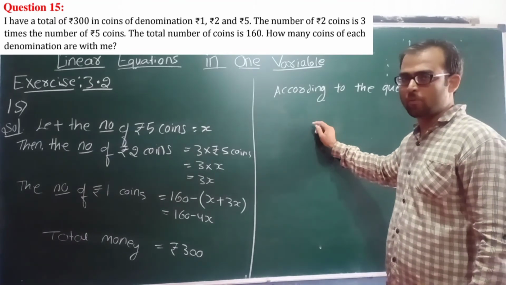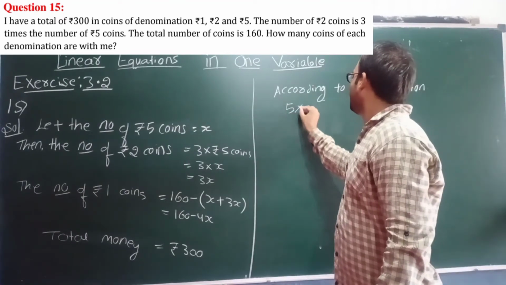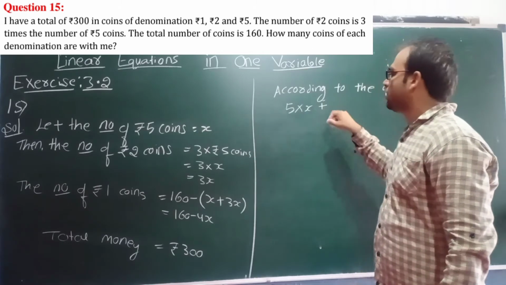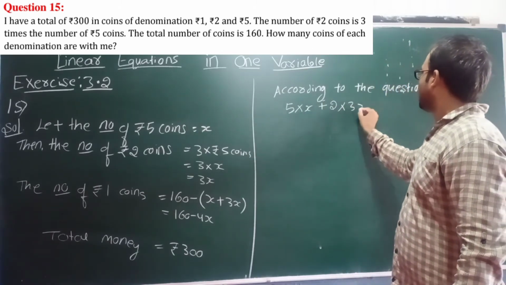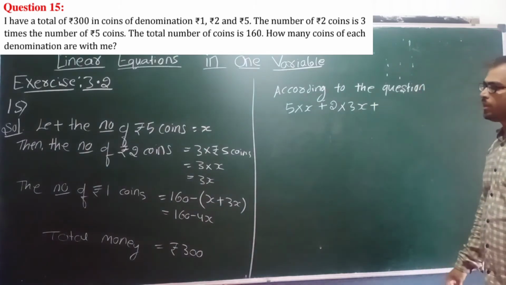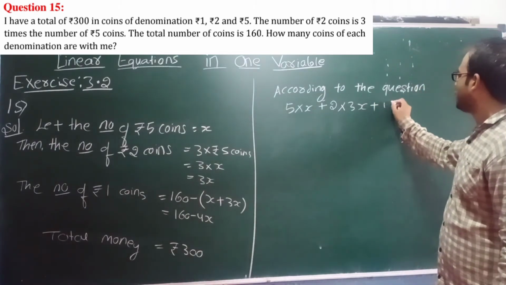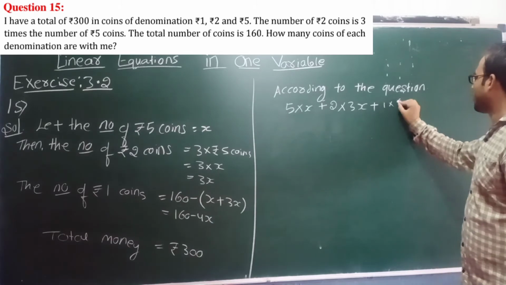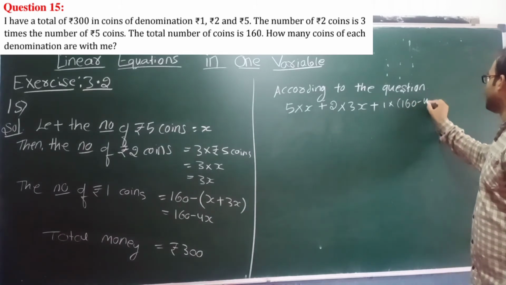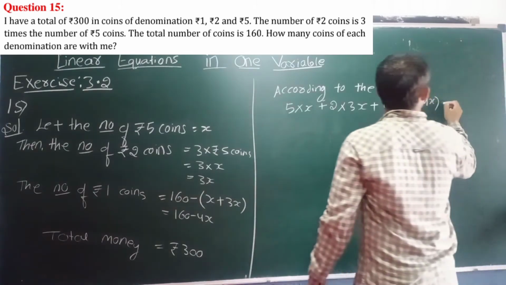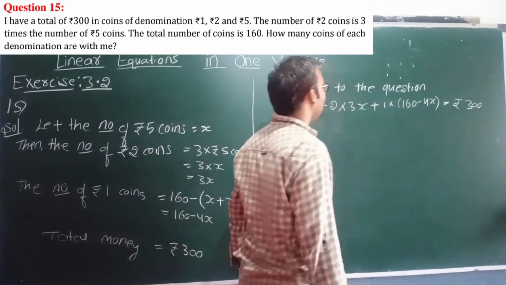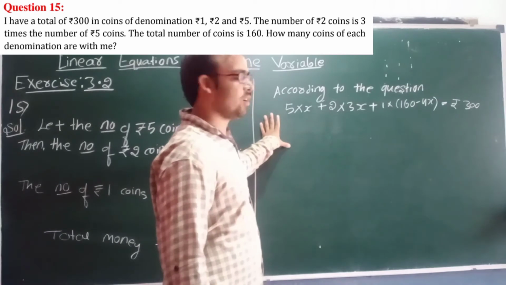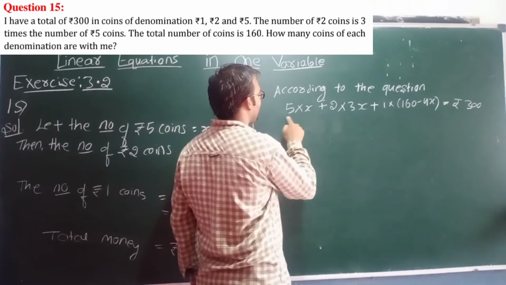Then the total value of 5 rupee coins is 5 into x plus how many 2 rupees coins are there? 3x, that is 2 into 3x, plus how many 1 rupee coins are there? 160 minus 4x. Okay, so what is the total here? 300 rupees. Okay, the sum of all coins is how much? 300 rupees.